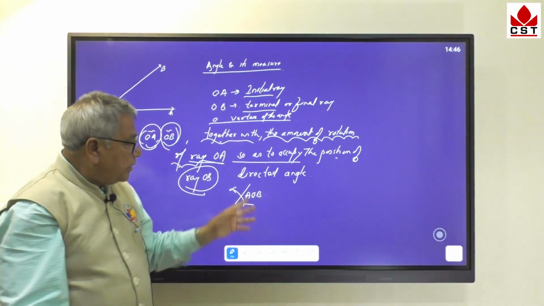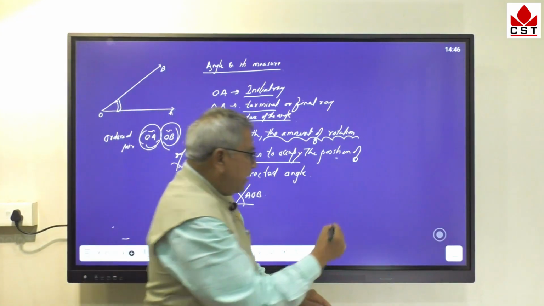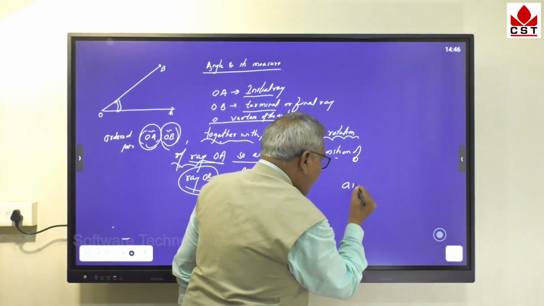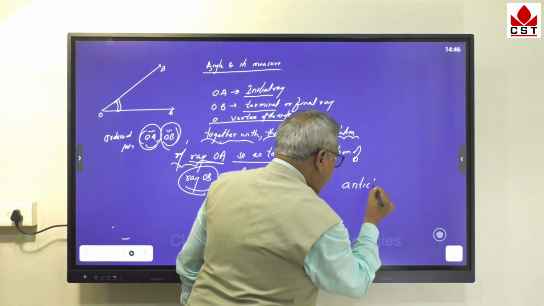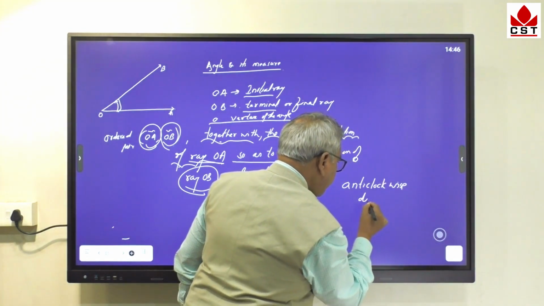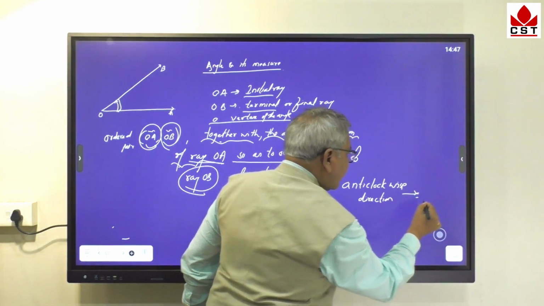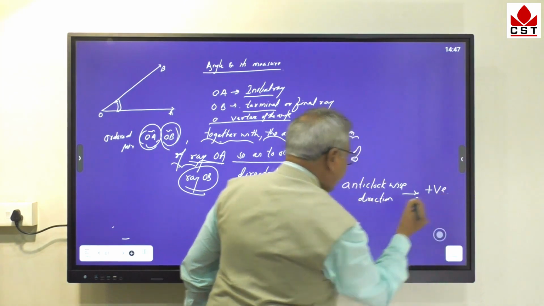Now here, if the rotation of OA is in anti-clockwise direction, then the angle is considered to be a positive angle.